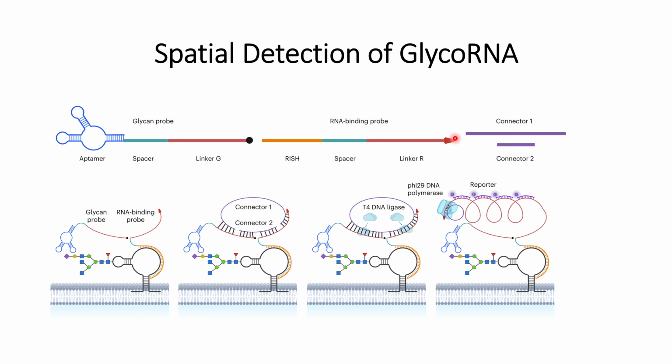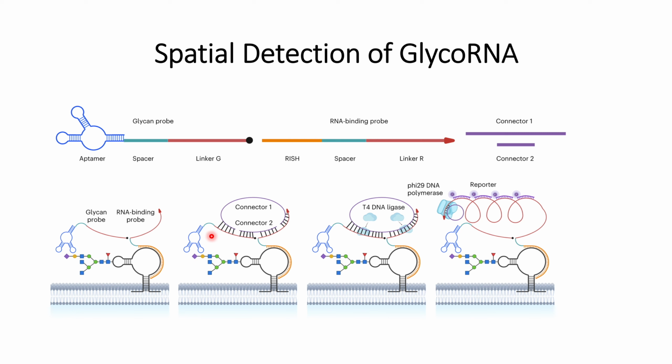Combining all this, it will form a fluorescence indicator, so that whenever this sensor detects any glycoRNA specific to this aptamer, it will give a fluorescence signal.